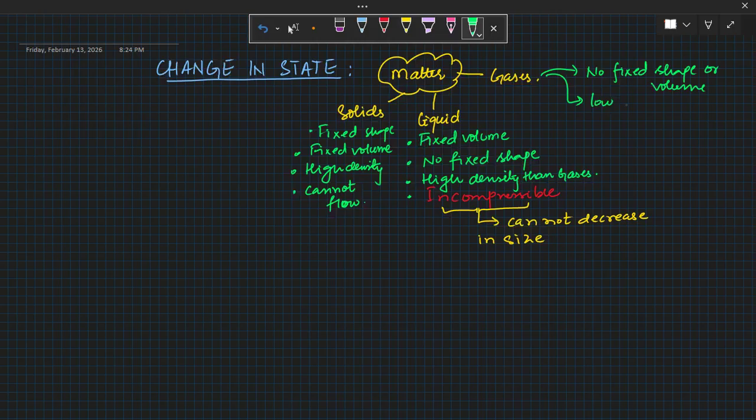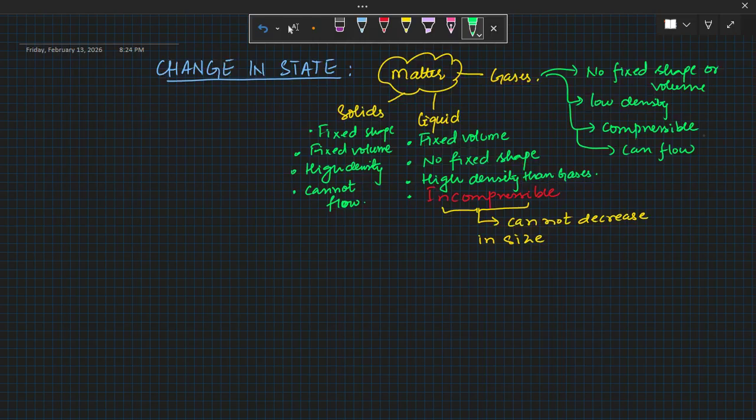They have low density, and they are compressible. If I am saying it is compressible, that means it can decrease in size. And gases can flow and take the shape and volume of the container.